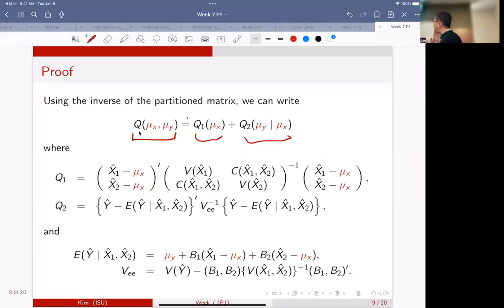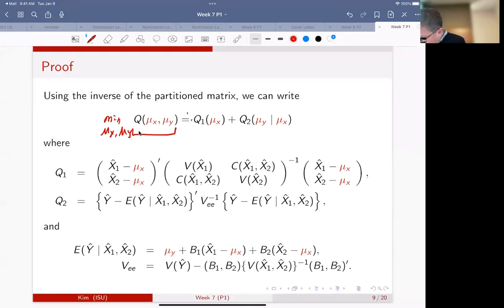Then why is this convenient? Why is finding the minimum of the right side easier than finding the minimum of the left side? Because if you can find the minimizer mu star, the minimum over mu x and mu y is a joint minimum.